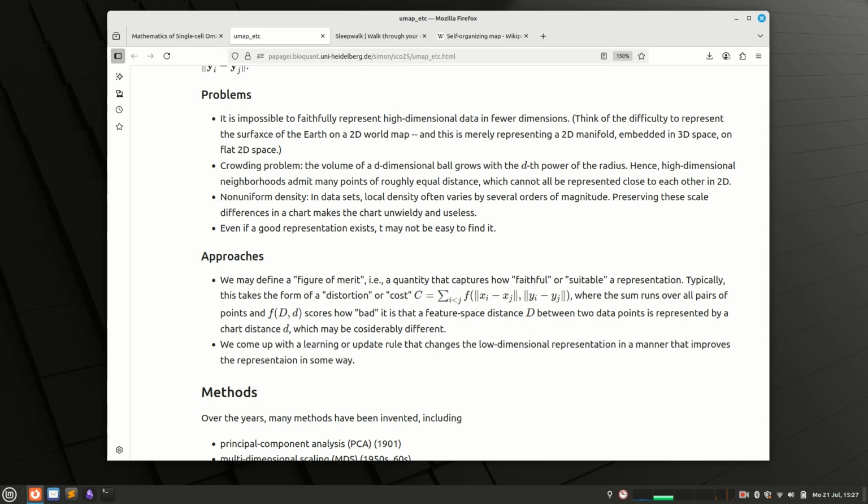Which means you can make this f such that you get a huge penalty if two points which are very far in feature space are halfway close in chart space, but in the end representing the feature space faithfully over the whole scale of our data is maybe simply asking too much.